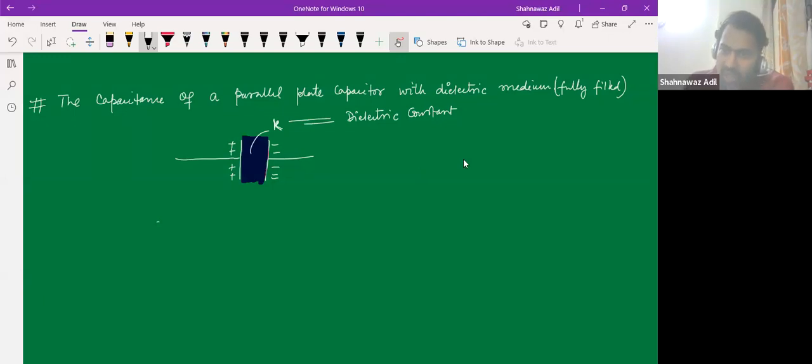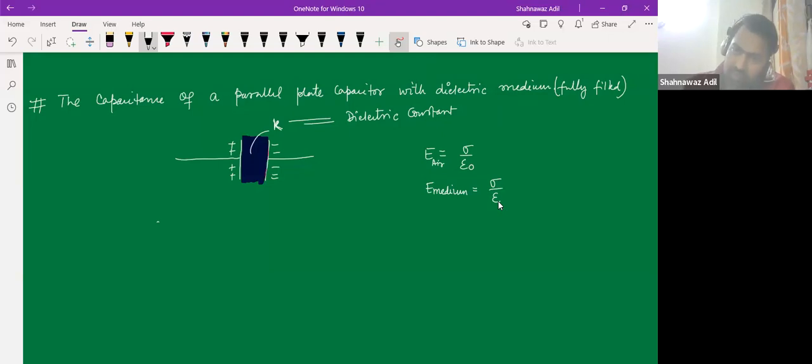We know how the electric field changes if we insert a medium. Earlier in air, the electric field was sigma by epsilon naught. Now if I put a medium, the electric field would be sigma by epsilon.